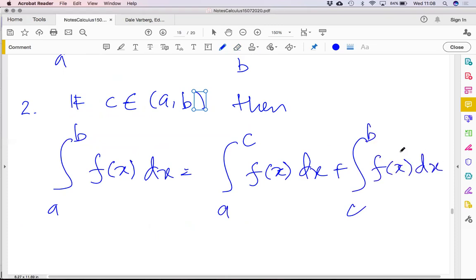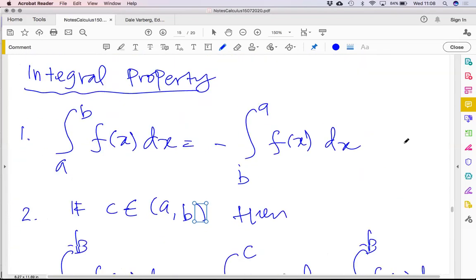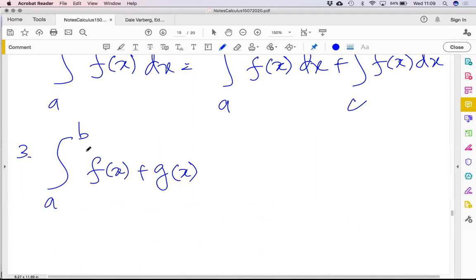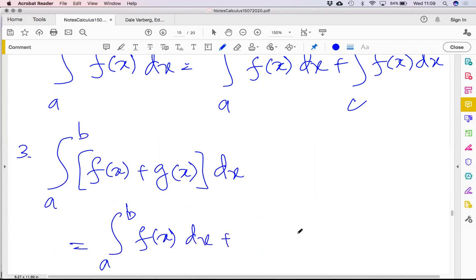That is the second property of integral. And also you have the third property: suppose I have the integral from a until b of f(x) plus g(x) dx. It's the same as the integral from a until b of f(x) dx plus the integral from a until b of g(x) dx.